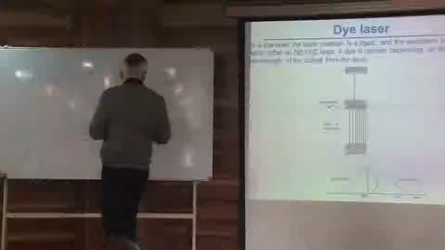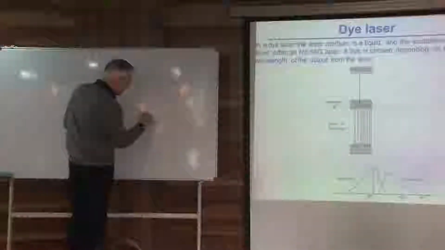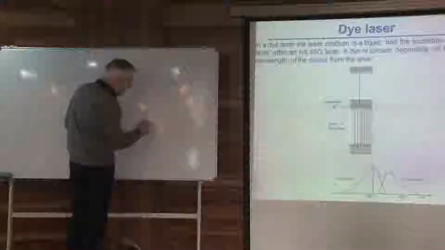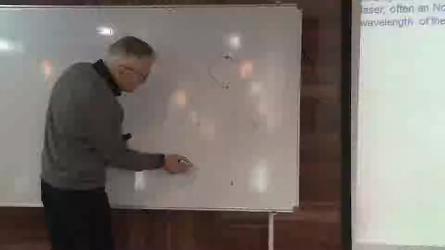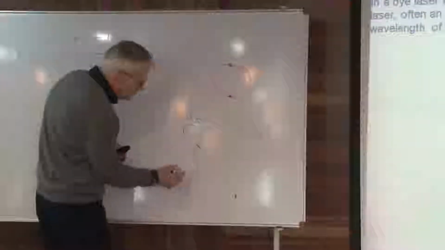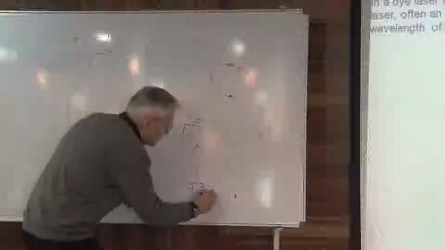So here we have dye in a liquid, and then we illuminate this with another laser at, for example, 532 nanometer.